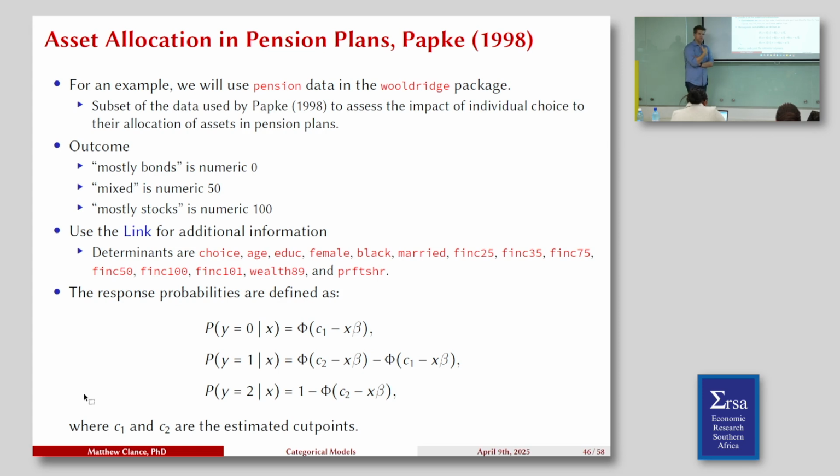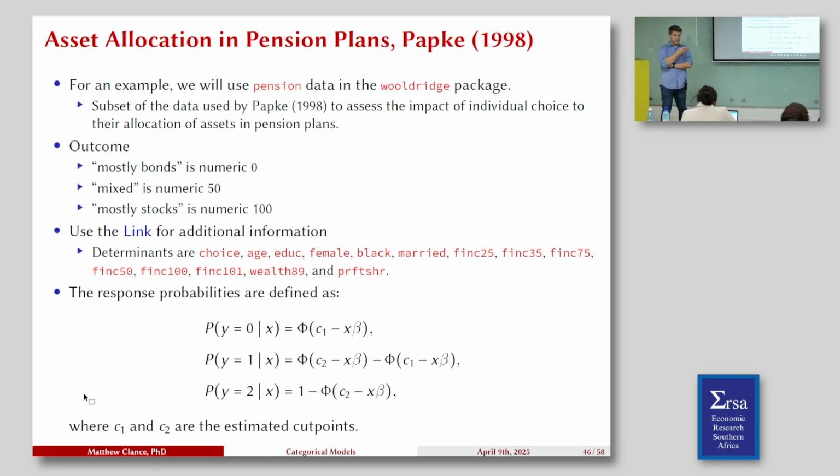So if I'm able to tell whoever's holding my pension fund that I want my assets allocated in this particular way. In this case, they're looking at just 3 types of outcomes. Mostly bonds they put as numeric 0, mixed is numeric 50%, and then mostly stocks 100%.